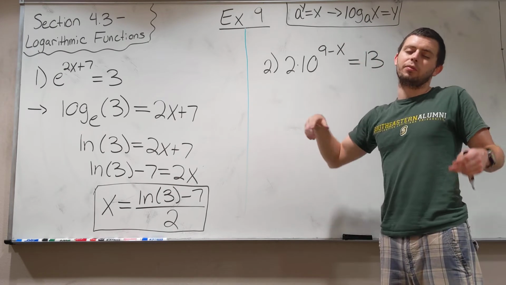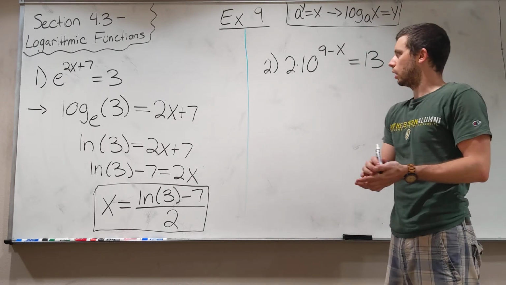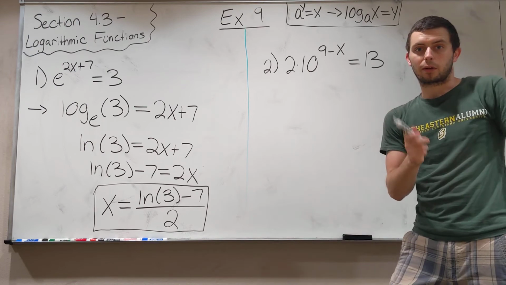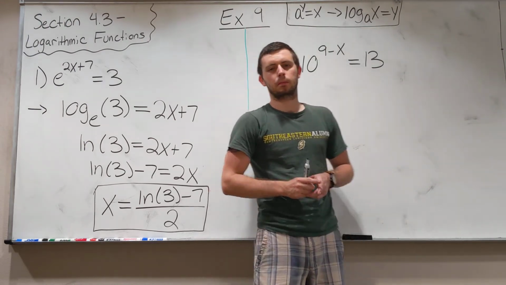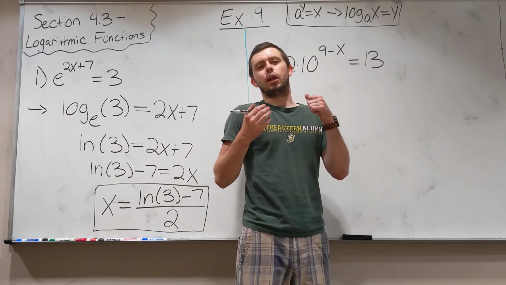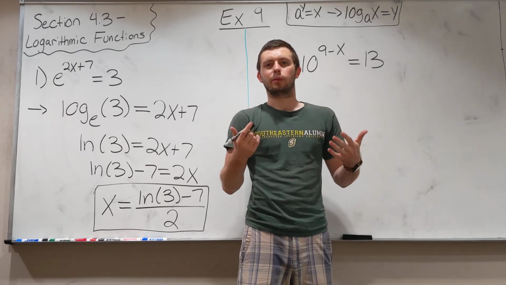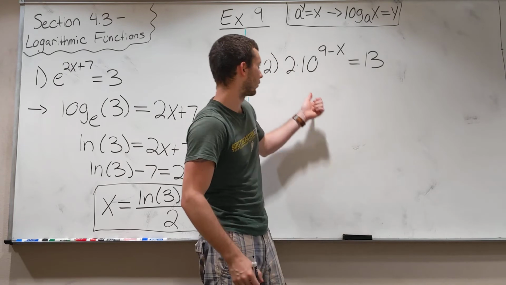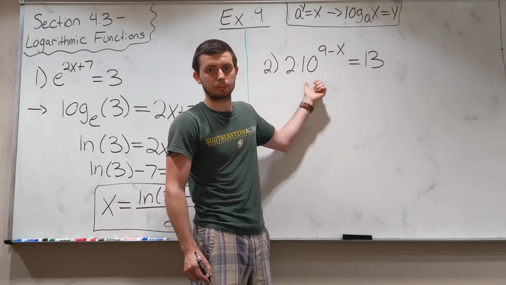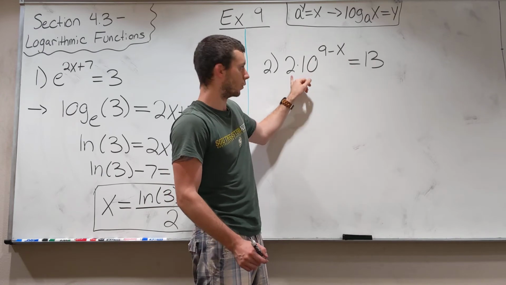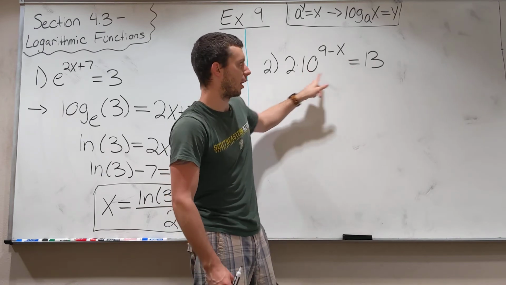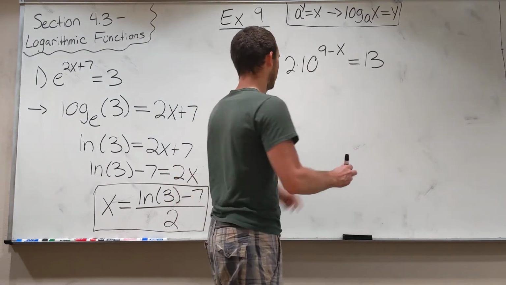That 2 is just getting in the way. This is very similar to the idea I mentioned earlier: we need logarithms to be isolated, and we also need exponents to be isolated. 10 raised to the 9 minus x is the exponent, and the 2 is getting in the way. So we have to divide both sides by 2.